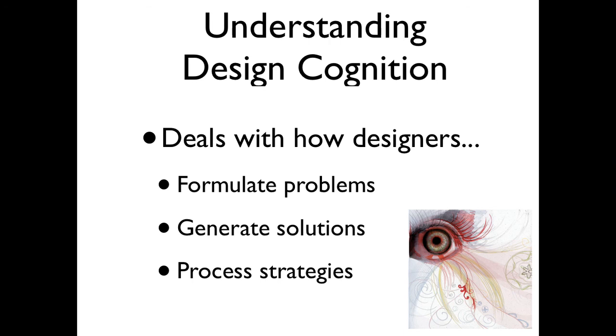Within each of these categories, Cross describes a lot of different themes that are important to how designers think. In formulating problems, design often involves finding appropriate problems as well as solving them. There's a lot of work that goes into structuring and formulating problems rather than just accepting the problem as a given. So it's important not to define things too tightly or narrowly early on.